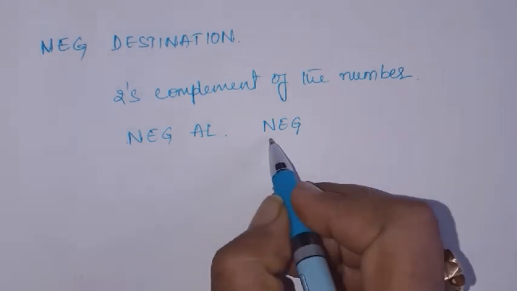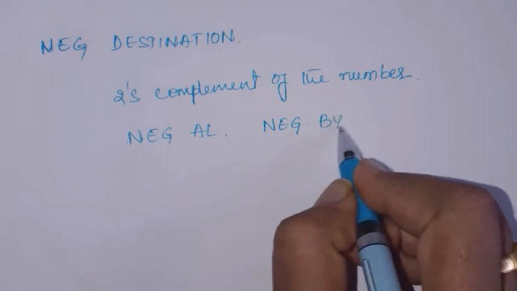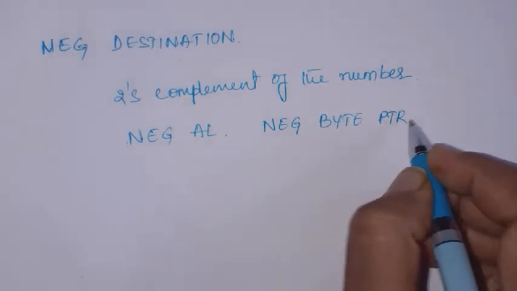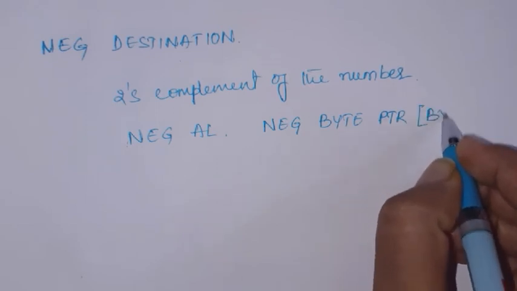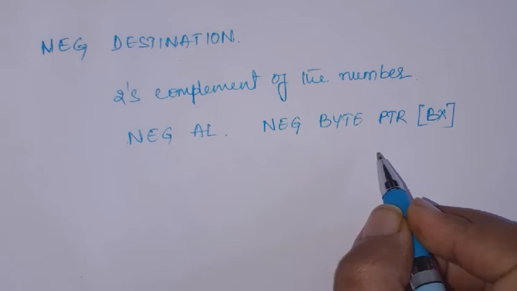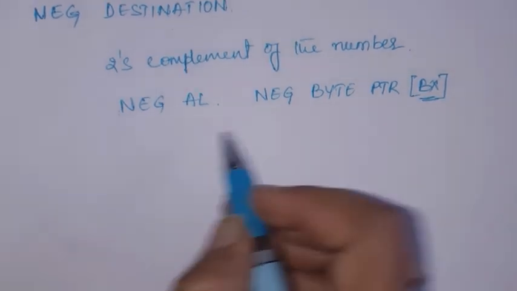In case of memory location, you can specify here byte pointer. You want to take 2's complement of a byte or 2's complement of a word pointed by the register specified here. Hope you understood, isn't it?